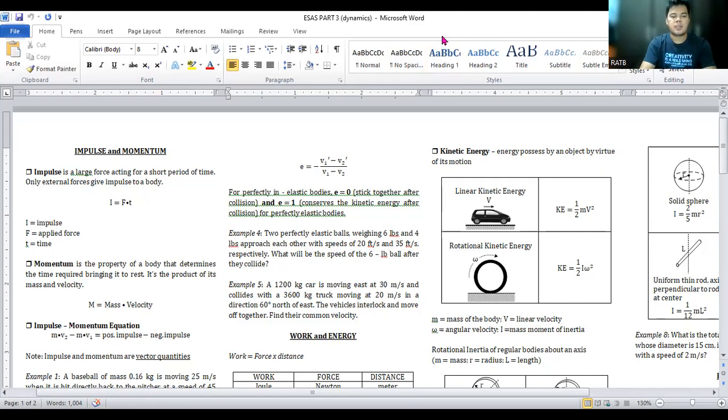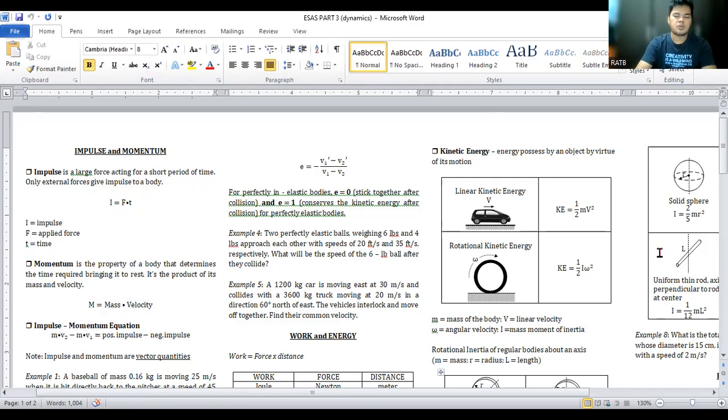Then we have the momentum. Momentum is the property of a body that determines the time required to bring it to rest. Mathematically, momentum can be calculated by multiplying the mass by the velocity of the given object.